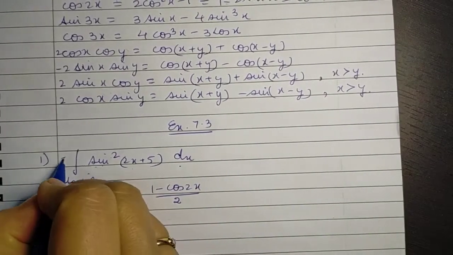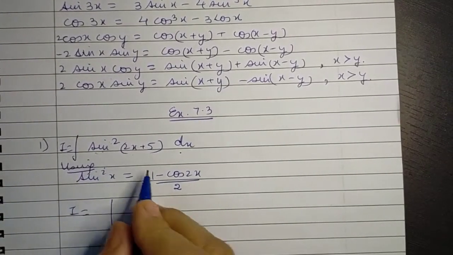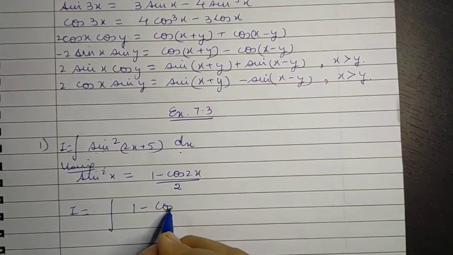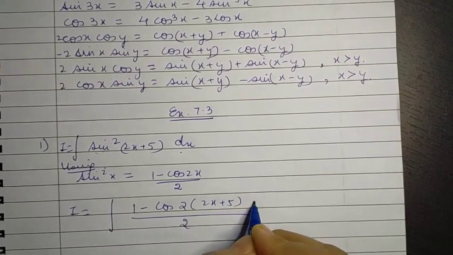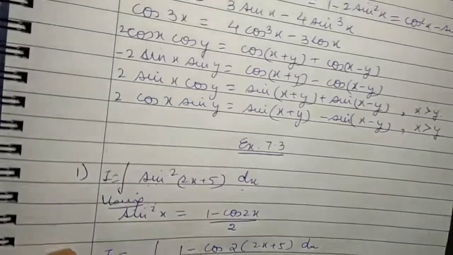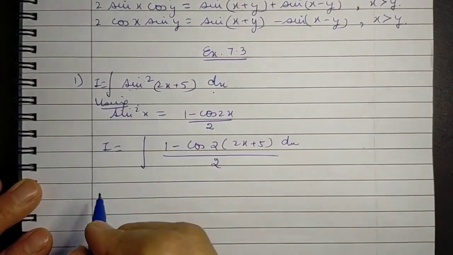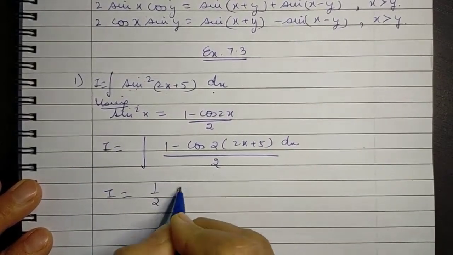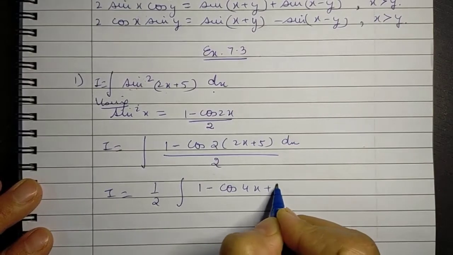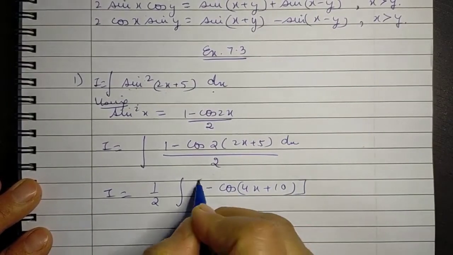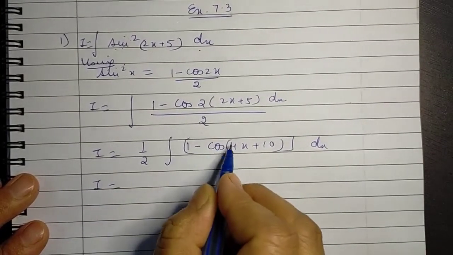Using this result, what do we get? Call this I, which will be equal to, in place of sine squared, I'll write (1 minus cos(2x plus 5)) whole upon 2 dx. Now this is a form which we know how to handle using substitution. Half comes outside and we are left with (1 minus cos(4x plus 10)) dx, and then simply find the integral using substitution.